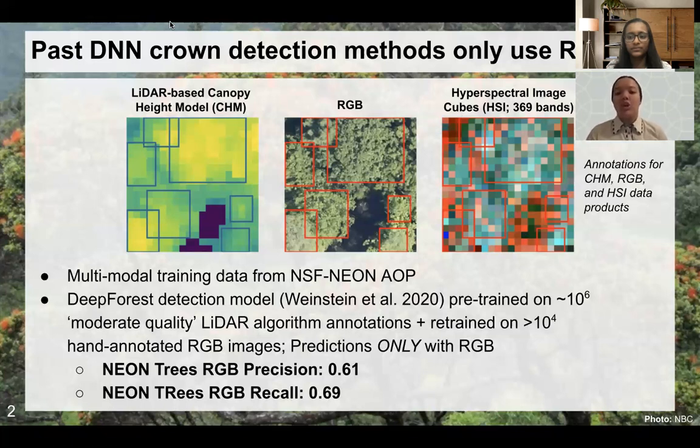The predictions are made only with RGB data. In our work, we'll use all 3 different modalities. DeepForest, however, did attain a precision of 0.61 and a recall of 0.69.